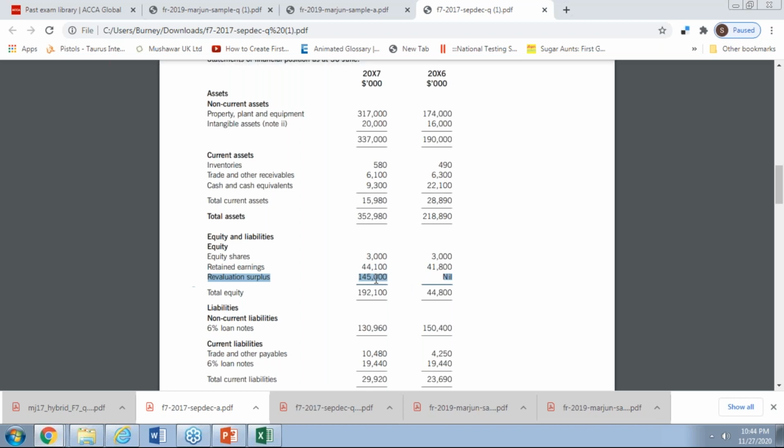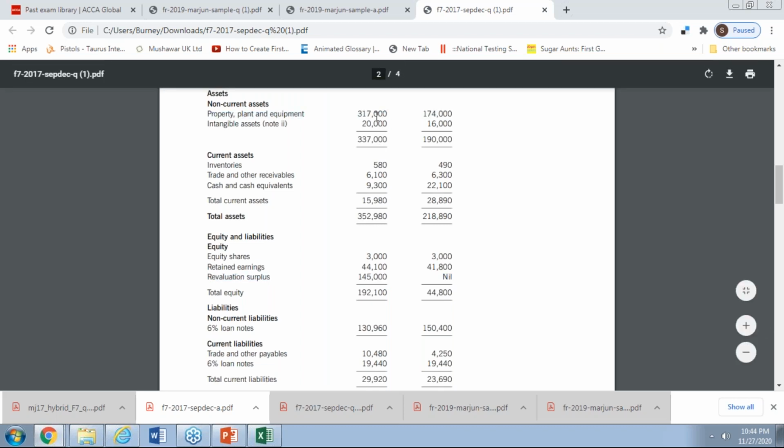Previously we had no revaluation; now we have a revaluation of a substantial amount. You can link this with property, plant and equipment: its value did not increase because of investment in non-current assets. It actually increased because of the revaluation.